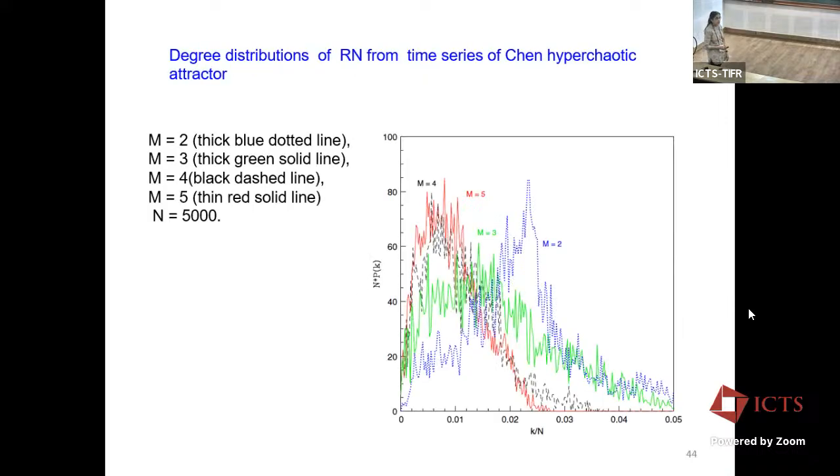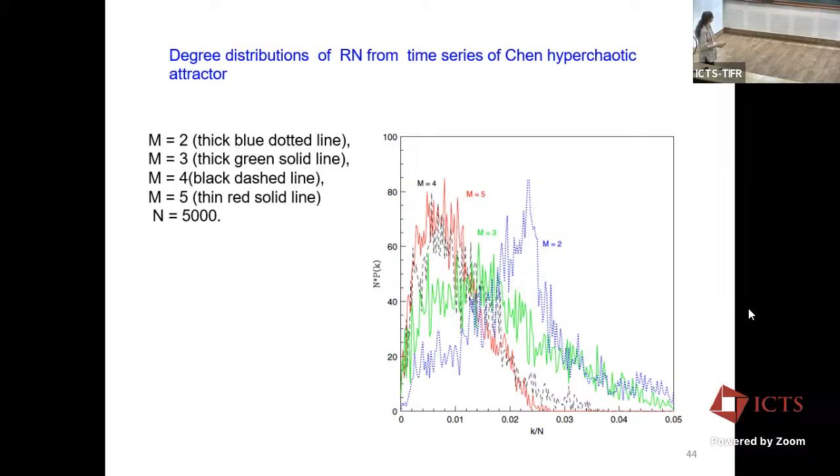Now, depending upon the dimension, how do you fix the dimension also? We can check, because the dimension has one beautiful property that some measure will saturate. Beyond that, it won't change. In the context of trajectory, we said you can do correlation dimension and check it. But in the context of network also, you can check it. So I'm showing it for a 4-dimensional hyperchaotic system like the Shen system. We are constructing the network and taking its degree distribution.